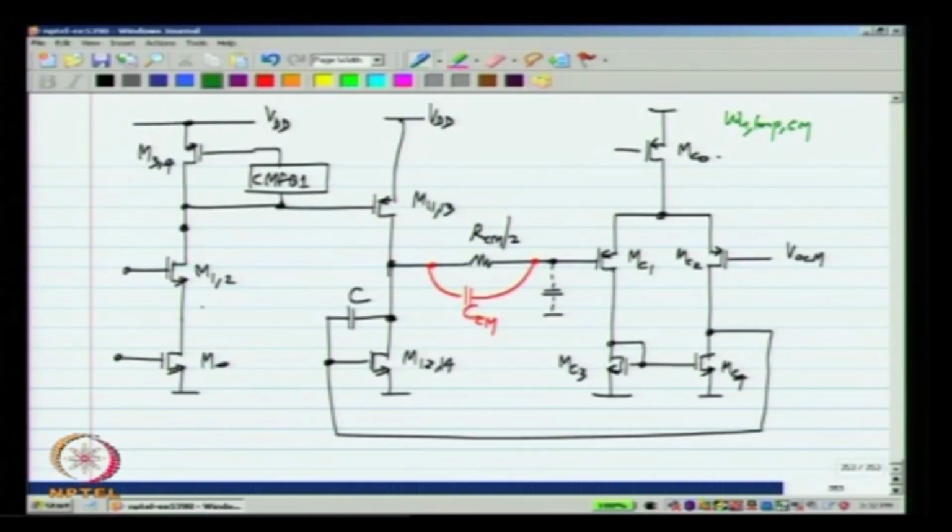The unity loop gain frequency of the common mode feedback circuit will be GMC1 divided by C. Essentially, if you consider only this loop, this is the first stage and that is the second stage. To prevent confusion with the integrating capacitor in the differential picture, let me call that CCM and I will rename these capacitors CM, just to imply that they introduce a 0 into the loop gain.